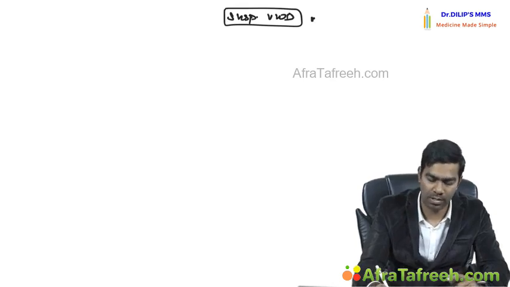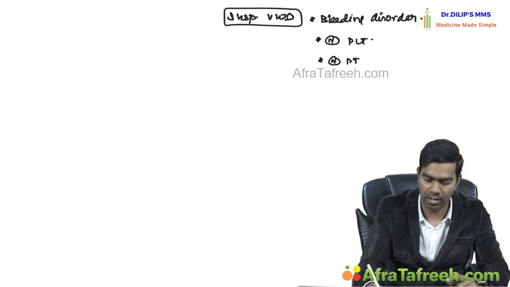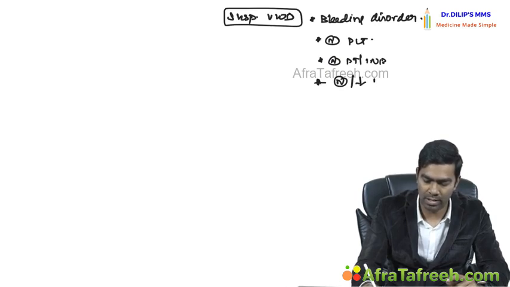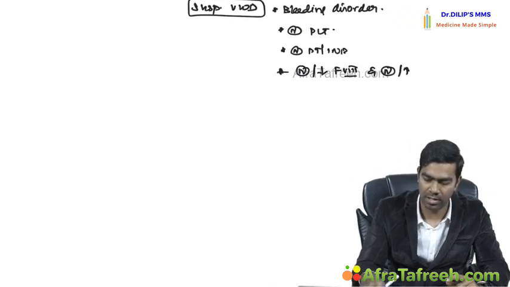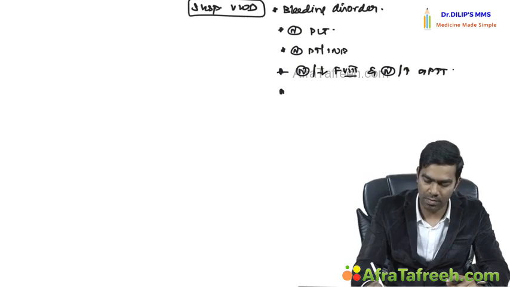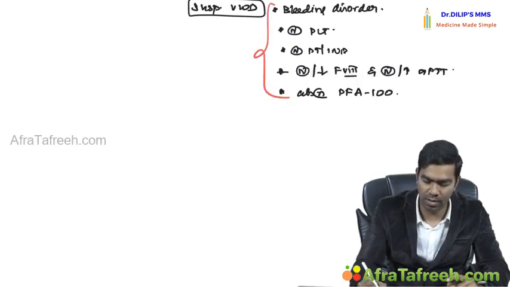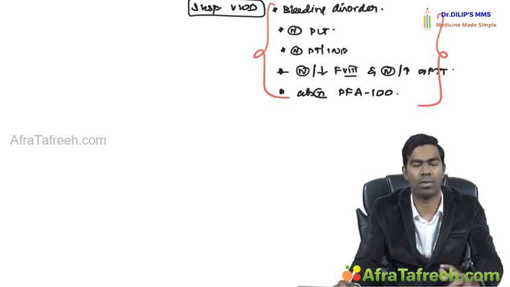When you suspect von Willebrand disease, they are going to present clinically like a bleeding disorder, with normal platelets, normal PT/INR, normal or slightly decreased factor 8, and normal or slightly increased APTT, and these patients will have an abnormal PFA-100 test. This is where you classically think it could be von Willebrand disease.